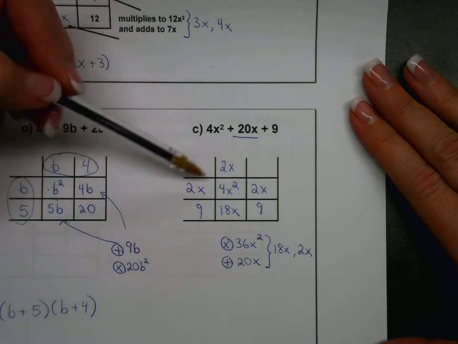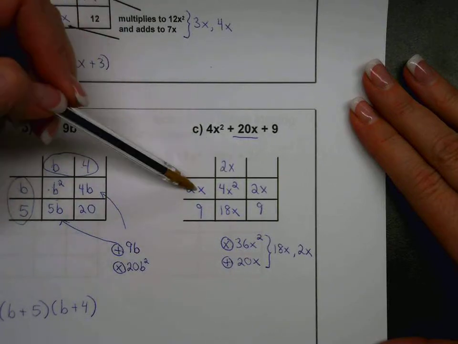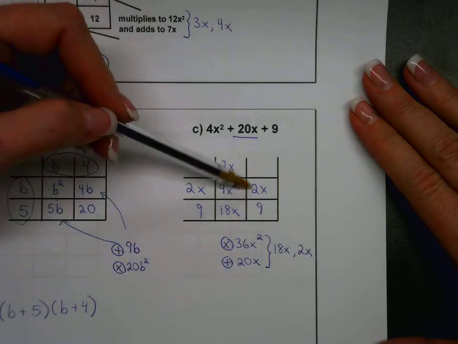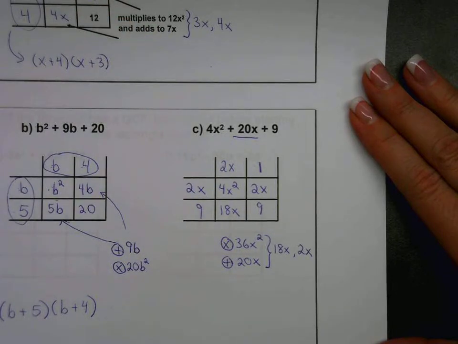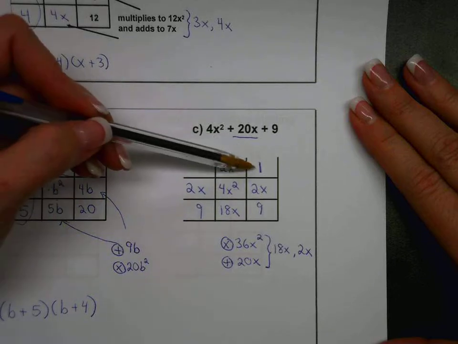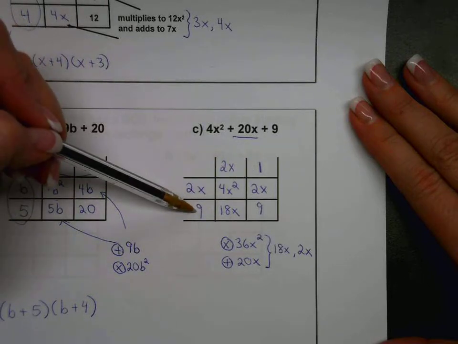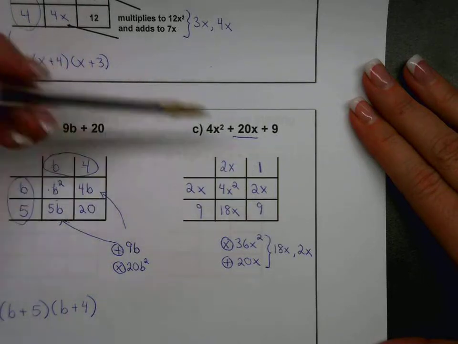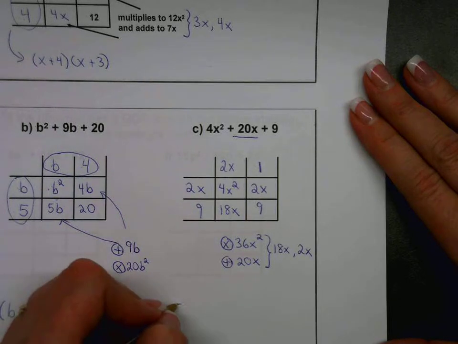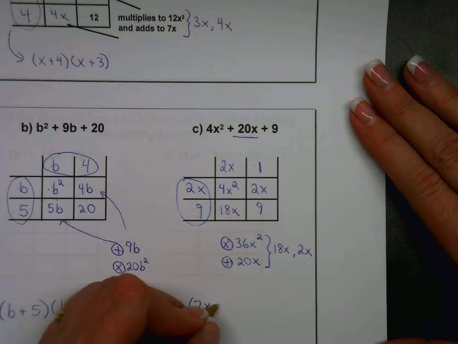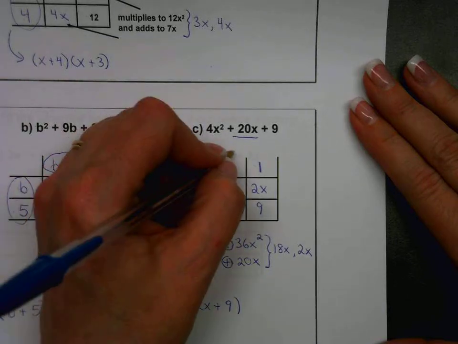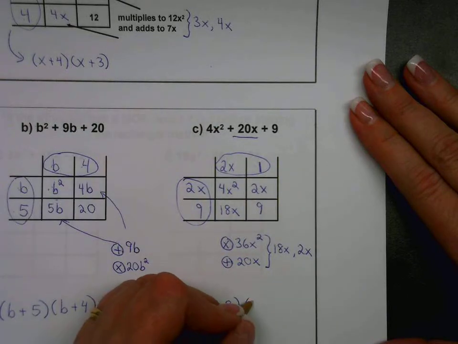This part with the 2x has to multiply together to give me this 2x, so I have a 1. And then my double check is that the 1 has to multiply with the 9 to get 9. Therefore, my factors are a 2x plus 9 and a 2x plus 1.